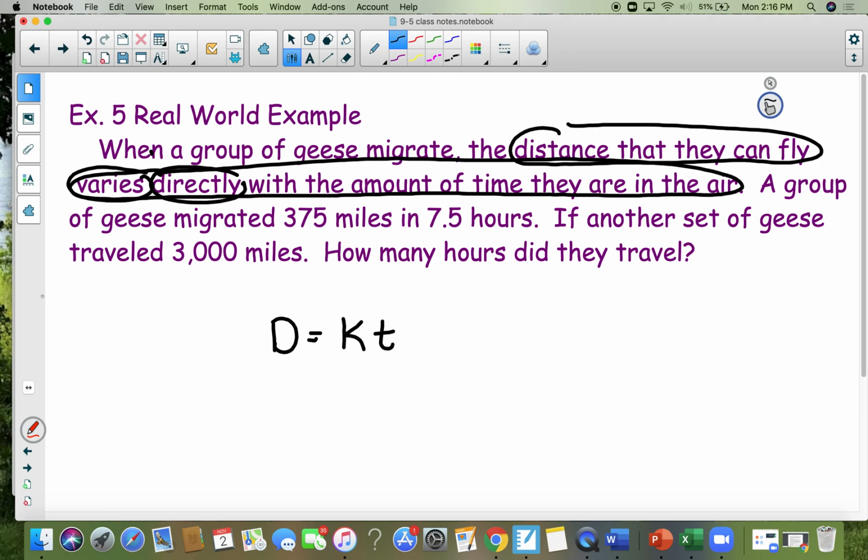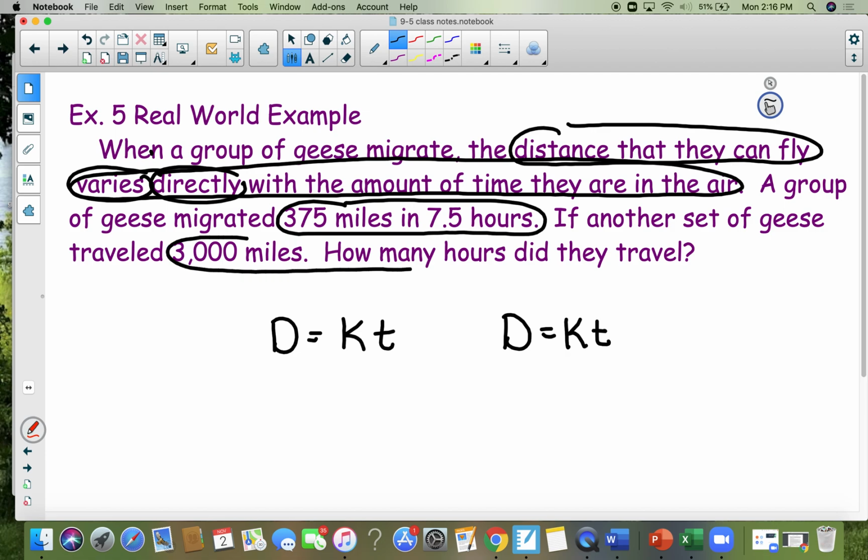Distance that they can fly varies directly with the amount of time. So D is equal to KT. A group of geese migrated for 375 miles in 7.5 hours. If another set of geese traveled 3,000 miles, how many hours did they travel?